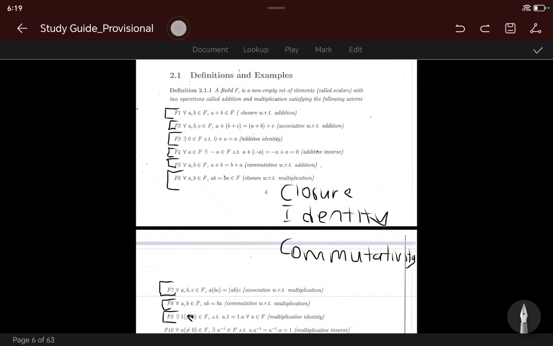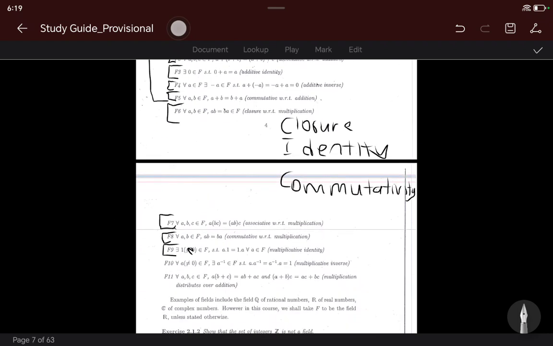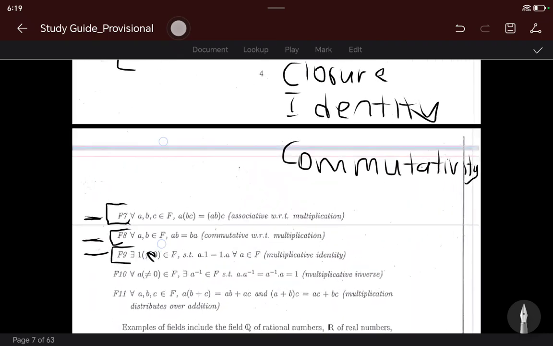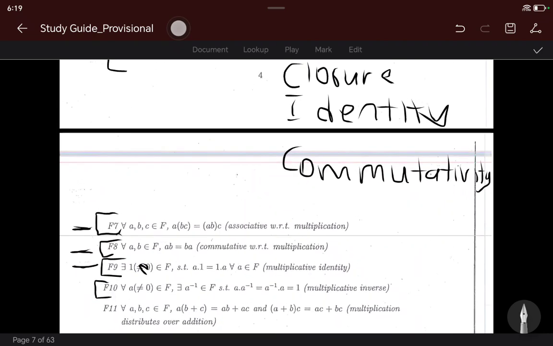So after checking those, remember we've checked all 5 for addition. And then when we come to multiplication, we have closure, which is the first one. Second one, associativity, commutativity, identity. Also the inverse, we've already checked this. There are 5 there.